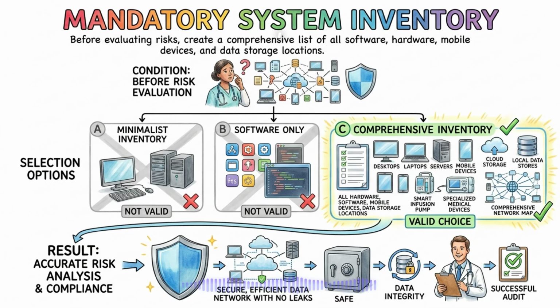You simply cannot protect electronic health information if you do not know where it is being stored or how it is moving across your network. Exam questions often highlight common mistakes, such as organizations failing an audit because they forgot to include specialized medical devices, like smart infusion pumps, in their initial system inventory.